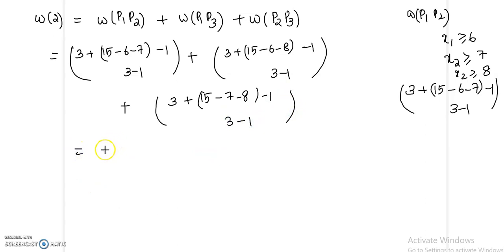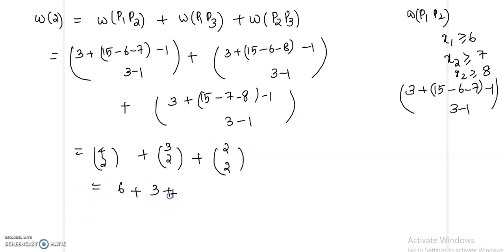So that will be 4 c 2 here, 3 c 2 here, plus this will be 2 c 2. So that is 6 plus 3 plus 1. So we will get 10.